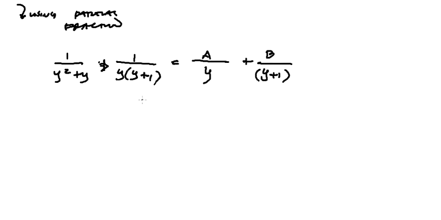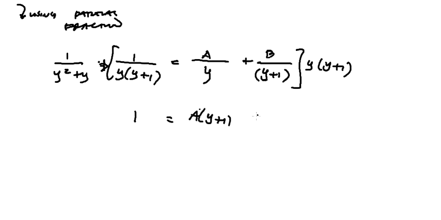By doing that, we can now solve for the constants A and B by first multiplying by the LCD, y(y + 1). So we have 1 = A(y + 1) + B y.